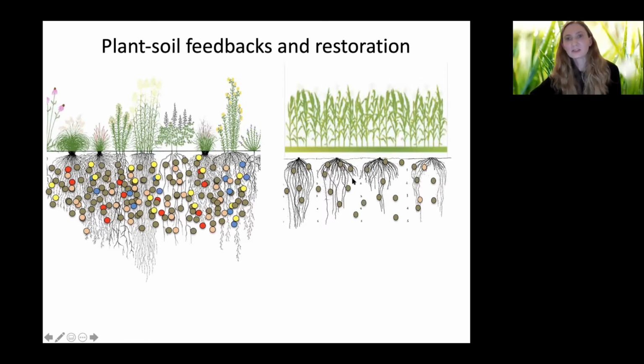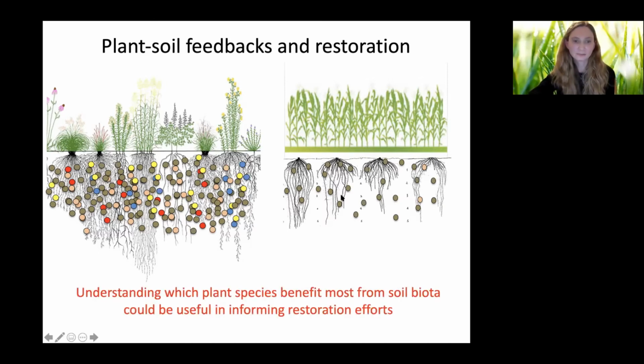And this can make restorations really challenging because if you're trying to get these type of plants to grow in this type of environment, it might be important to also think about restoring the below ground communities at the same time as above ground restoration efforts.